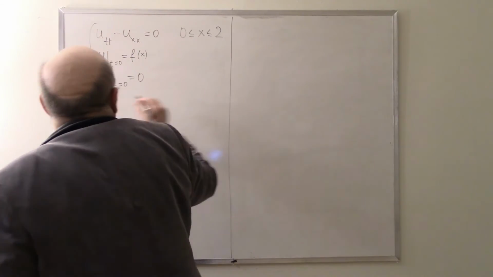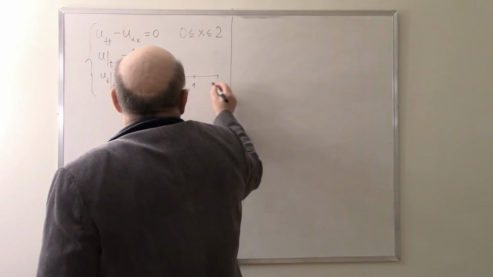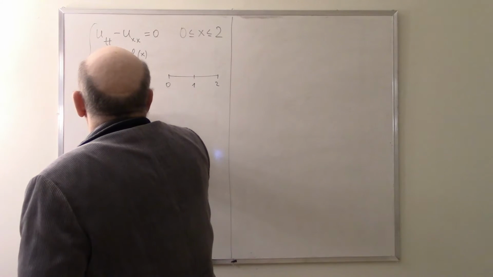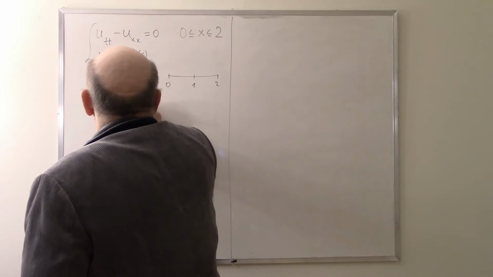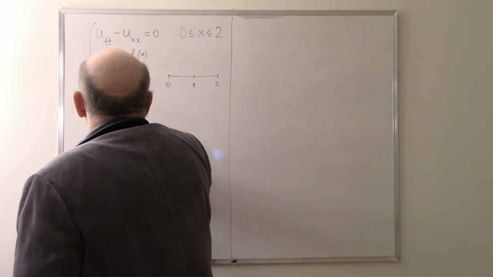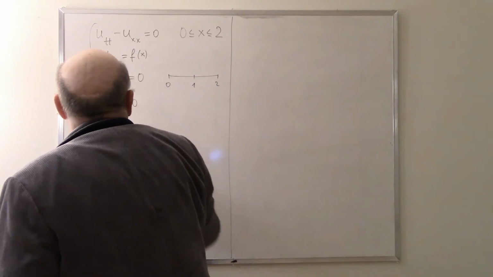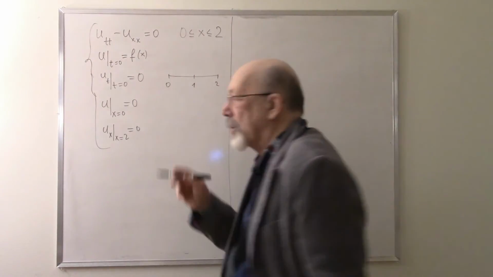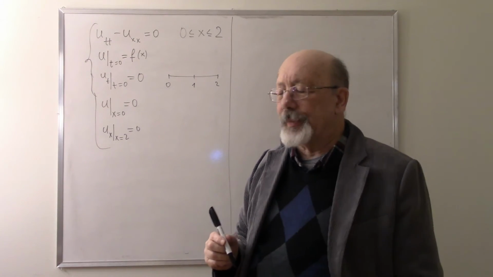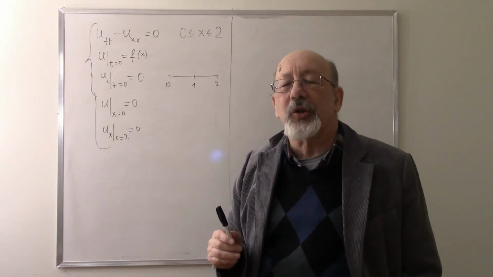And the boundary conditions: u for x equals 0 equals 0, and u_x for x equals 2 equals 0. So we have to give two boundary conditions. Here it is the Dirichlet condition, and here it is the Neumann condition.